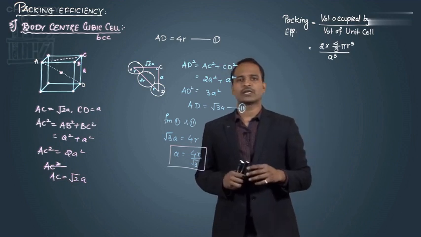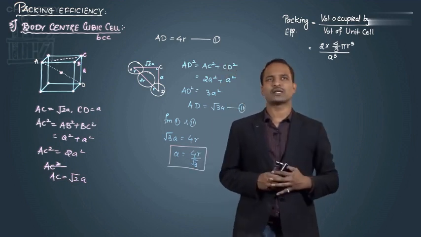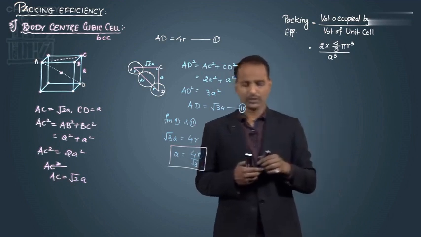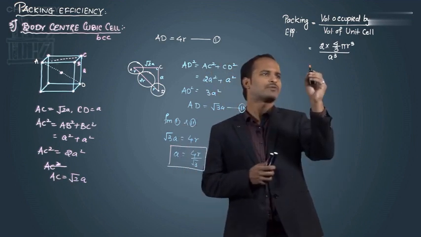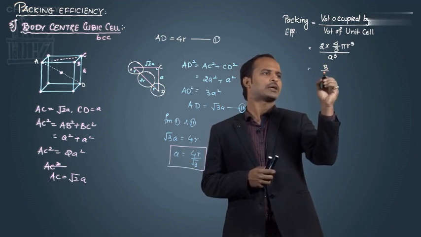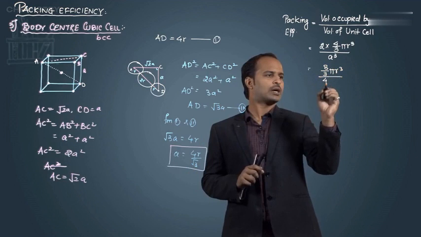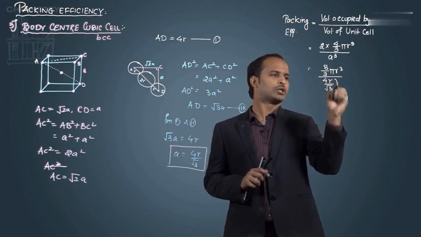Now, once I got the relationship between a and R, let us substitute this relation in the packing efficiency so that I will get the value for packing efficiency also. The packing efficiency is 2 into 4 by 3 pi R cube upon a cube. a cube is 4R upon root 3 whole cube.